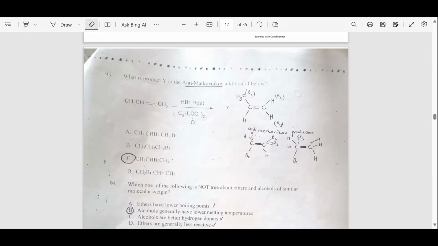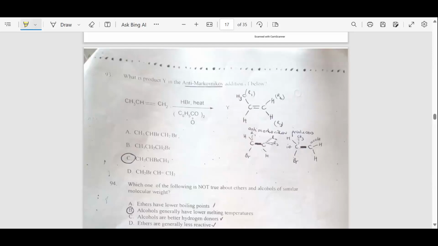But Sonia, I have a question. See, anti-Markovnikov is not that the substituent is replaced on the carbon which has the least substituents. I think that's what we are correcting now, because I had not read the question. I had not seen anti-Markovnikov addition.